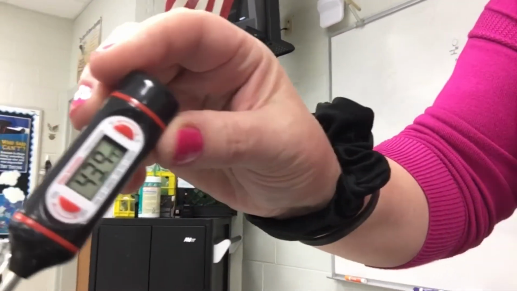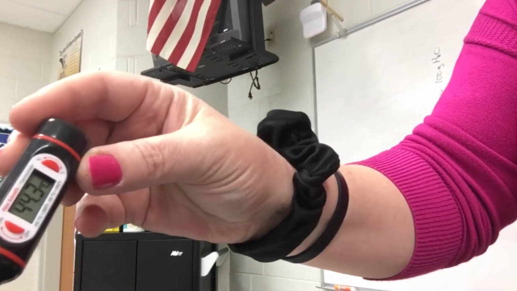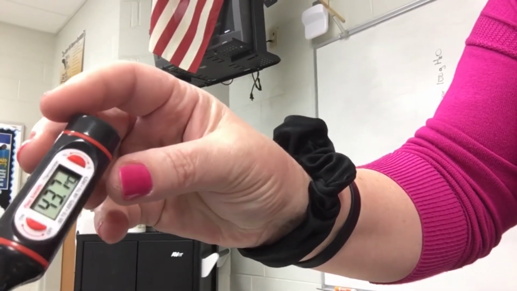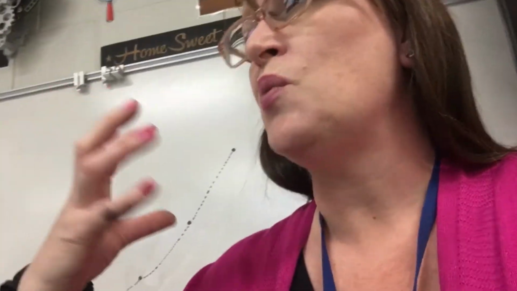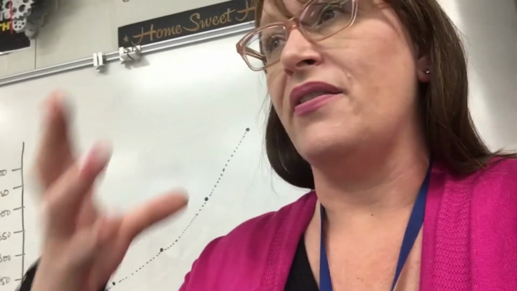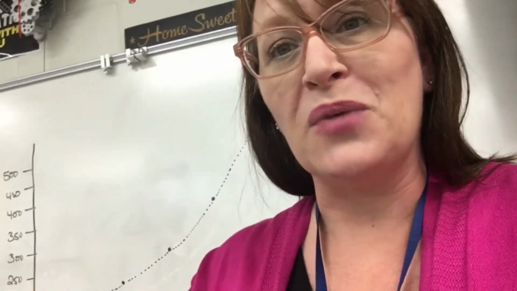And then I warmed up some water, and the temperature of the warm water is 44.5. So what we're going to do is create these 3 sugar water solutions, and we want to saturate them, which means we want to dissolve all of the sugar that the water is possibly able to dissolve.